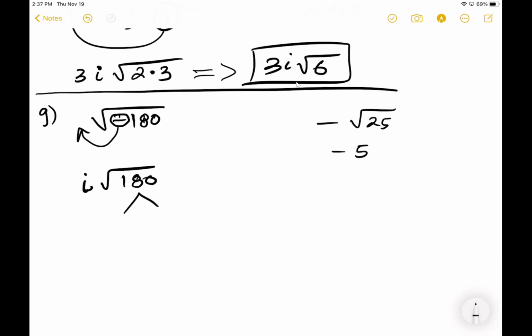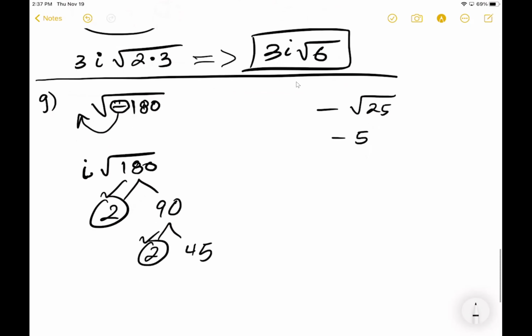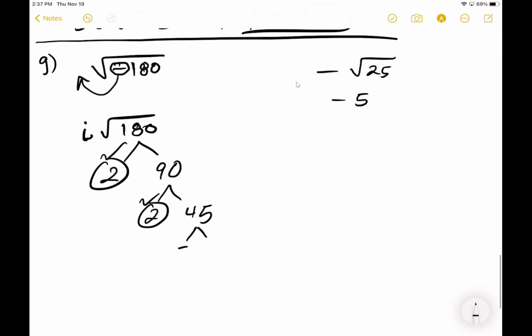We know that 2 times 90 will give you 180, and 2 times 5 gives you 10, and again, we still have a pair of 2. We know that the 2 can come outside. And then this item, we know that 9 times 5, and 9 is a perfect square.